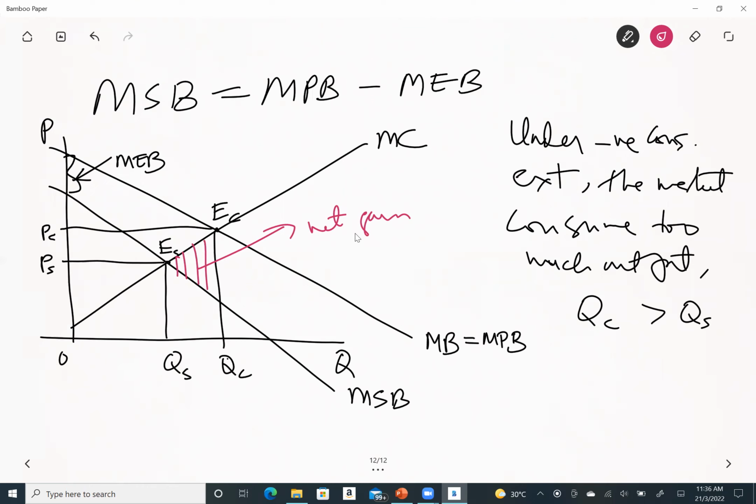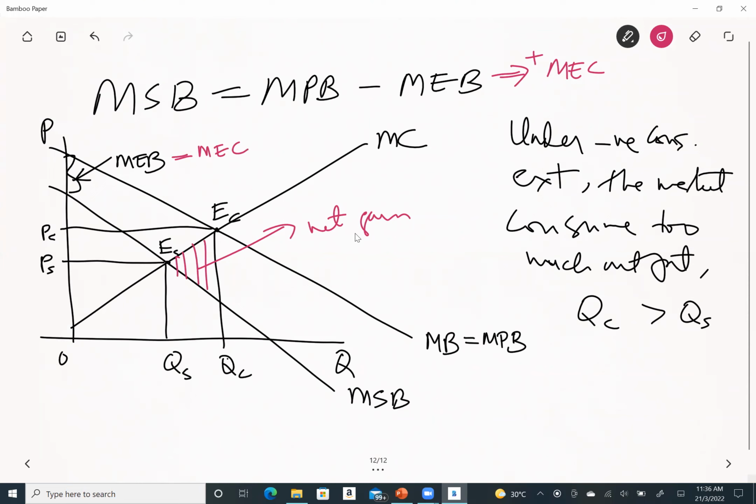So one way to look at it is using this relationship. You have negative MEB. Negative MEB means what? Means positive MEC. So you think about it as MEC, positive MEC. So that is the MEC.